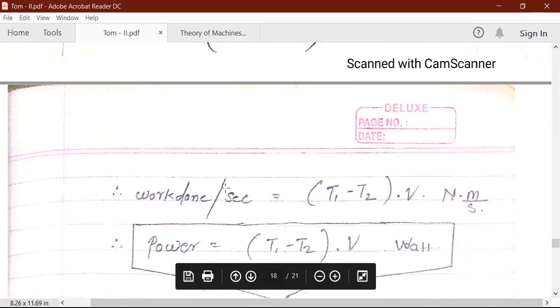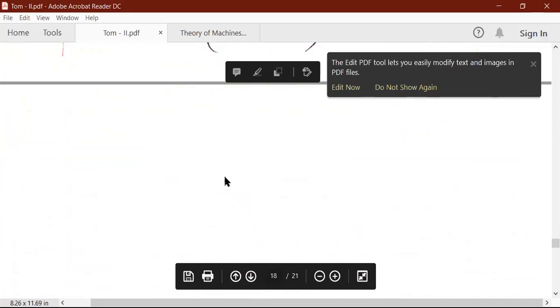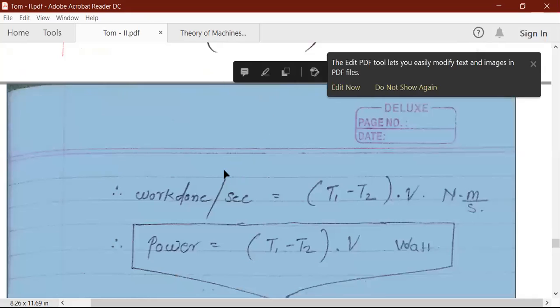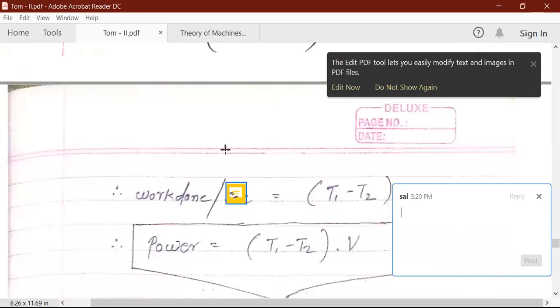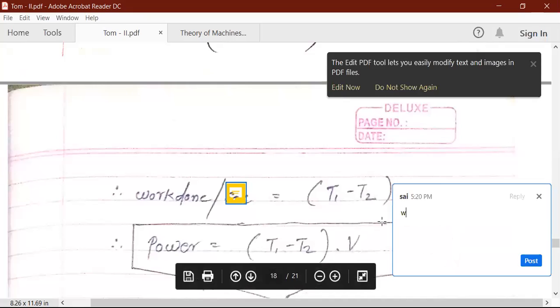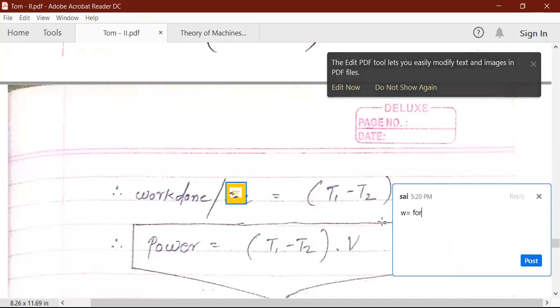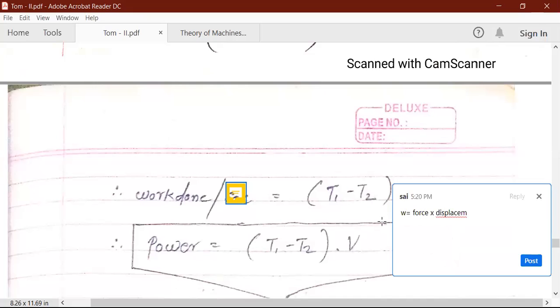Then if we calculate work done per second, first of all we must understand what work done is. Generally, W is represented as force multiplied by displacement. So whenever there is a product of force and displacement, we get work done.